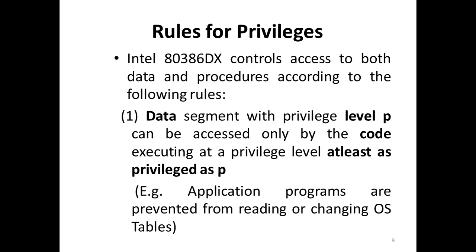A data segment with a privilege level P can be accessed only by code executing at a privilege level at least as privileged as P. For example, application programs are prevented from reading or changing OS tables.